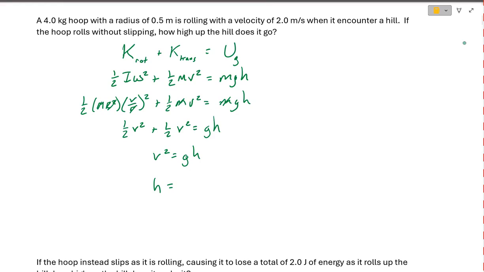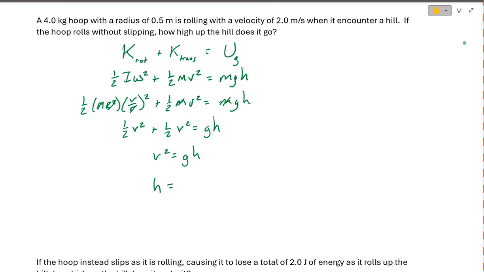Why did we ever change it to V over R? Because usually we're looking at how fast it's going this way, which is a much easier measure than how fast it's spinning. If it gave me an angular velocity instead of a linear one, then I might do it the other way around.